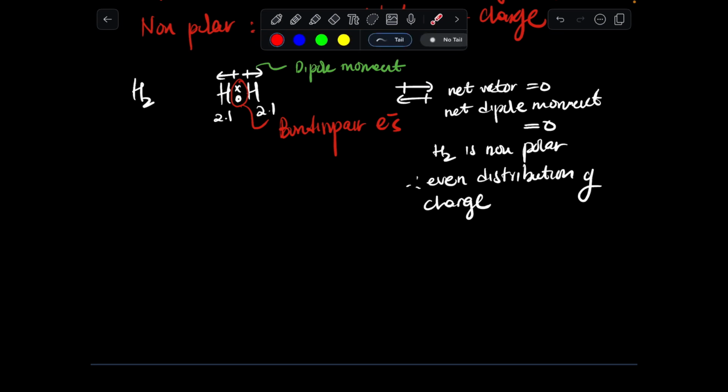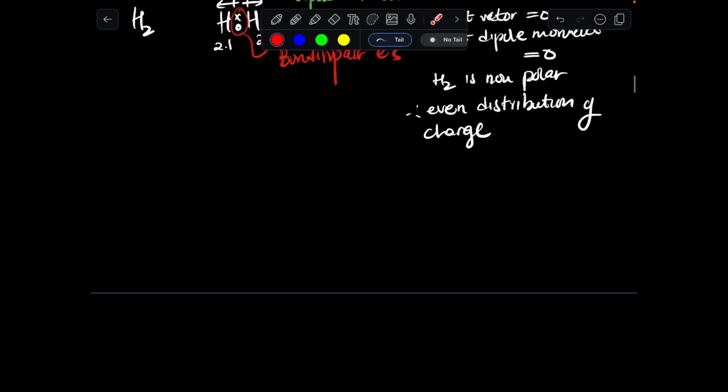If you look at it, say it's negative 2.1 and positive 2.1, the net dipole moment of those is 0. There's no resultant, which means the net dipole moment is 0. If there's no net dipole moment, that means the molecule is nonpolar.